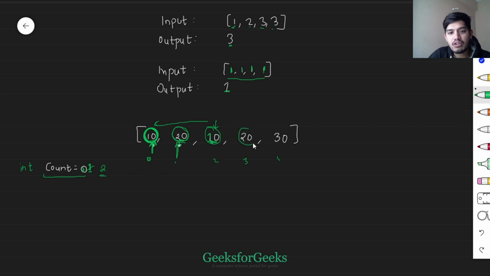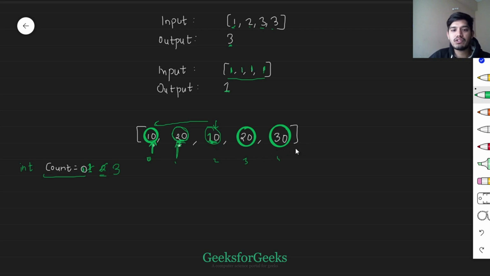When it comes to I equal to 3, we can see we already have 20 and it is counted, so we do not increment our count variable. Now moving to 30, there are no elements on the left of 30 which are equal to 30. Basically the frequency of 30 is 1, so we increment our counter to 3. This is the basic idea of how we are going to approach this question.